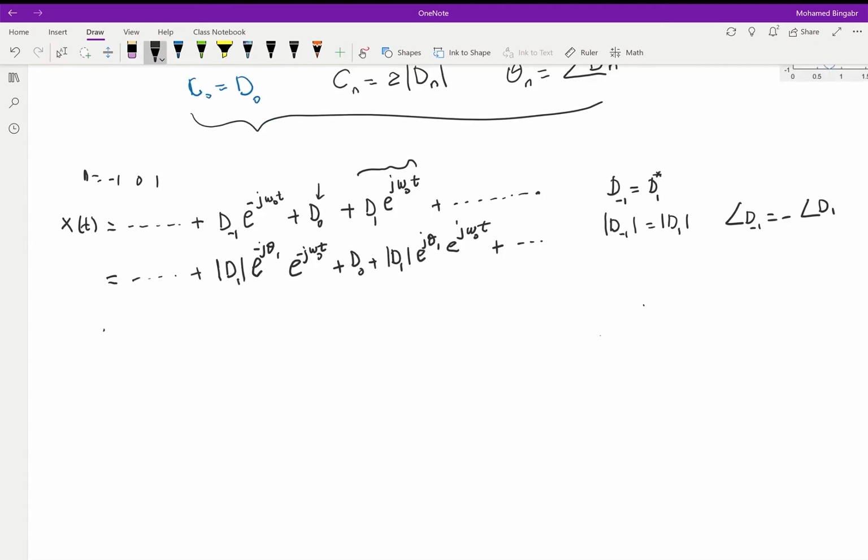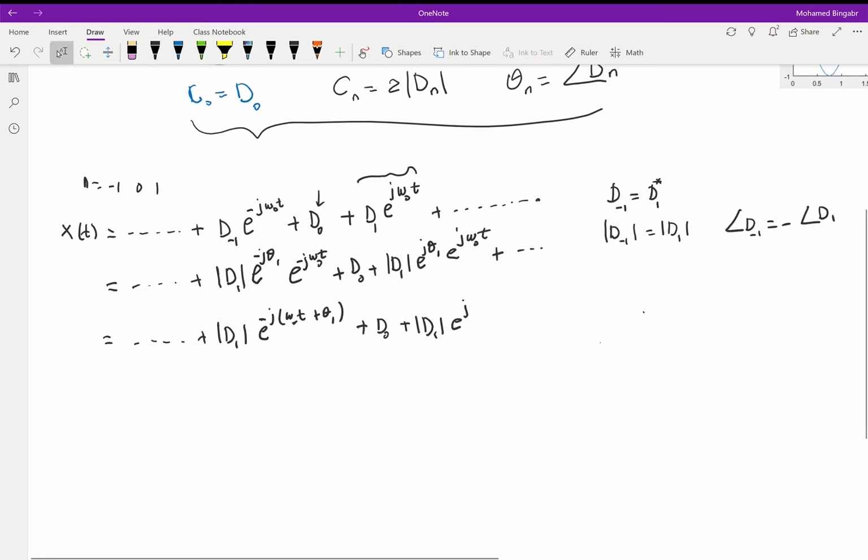Now these I can combine, the magnitude of D1 times e to the minus j (omega 0 t plus theta 1), plus D0, plus the magnitude of D1 times e to the j (omega 0 t plus theta 1), plus and so forth.